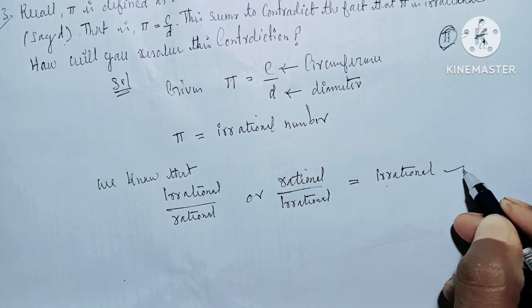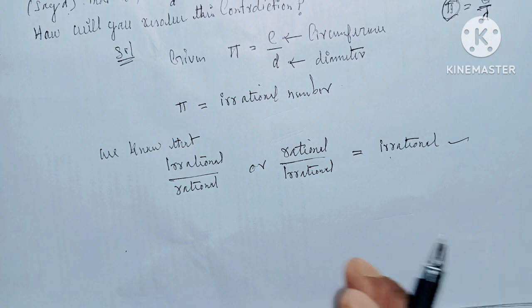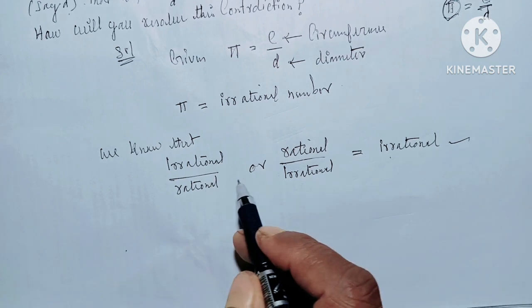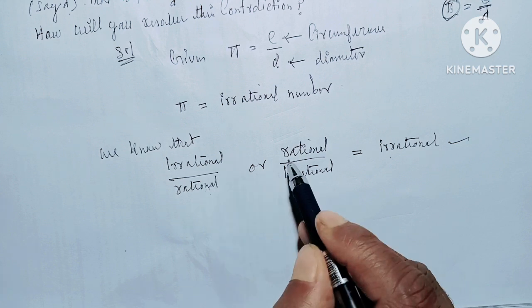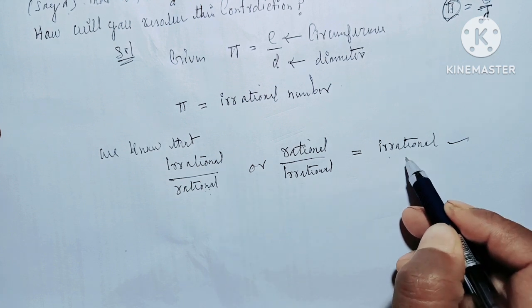This is the main important point. Out of these two, if any one is irrational, then the result will always be irrational.